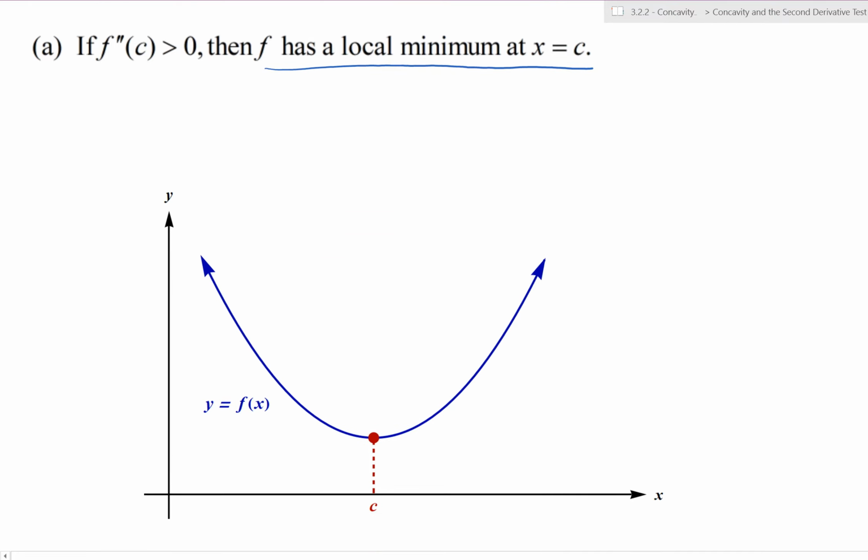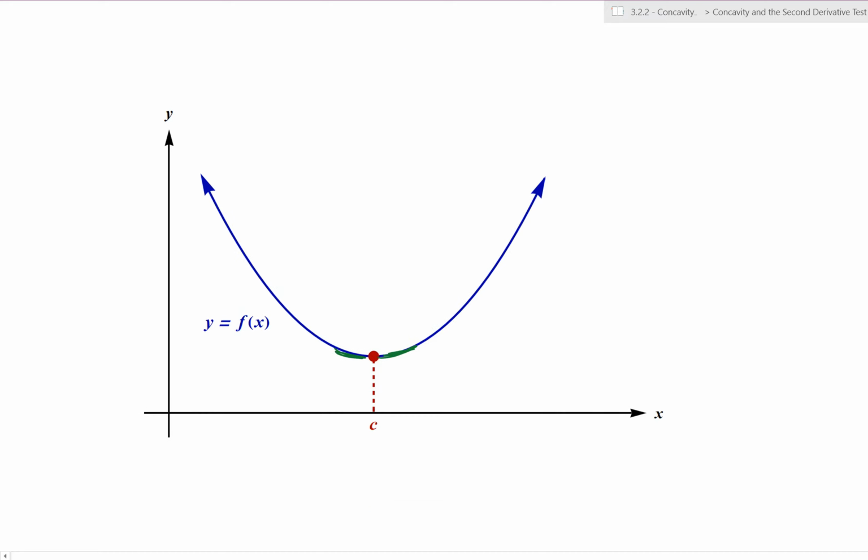If we're continuous nearby c, and at c the derivative is 0 because it's a critical point of type 1, and moreover the second derivative is positive there, then we must be concave up. The only way that can happen is in a picture like this, in which we have a local minimum in a smooth function. So that's part of the second derivative test.